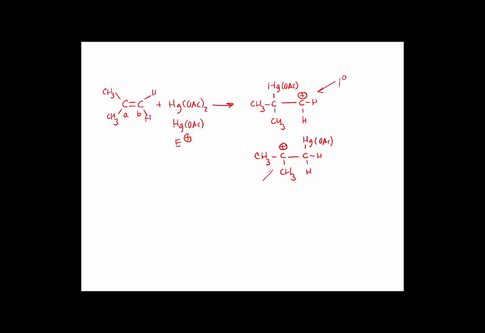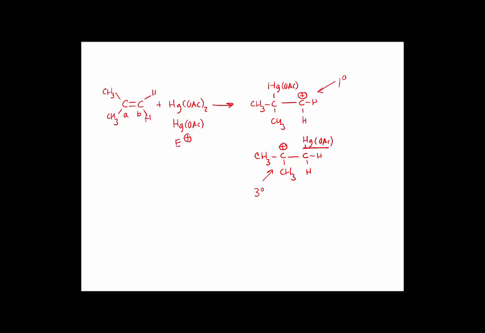What kind is this? Tertiary. So which one is it going to choose? Where's the mercury going to add? The mercury is going to add to form the more stable carbocation.